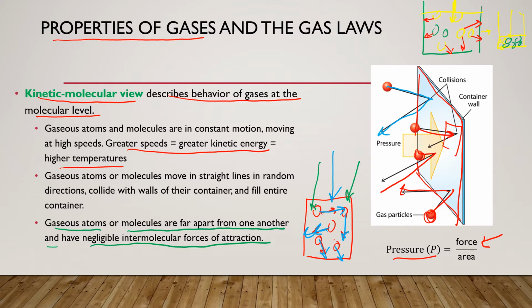So pressure is that force divided by area. Each molecular collision exerts an extremely small amount of force, but if we combine the effect of all those billions and billions of molecules, this force becomes quite considerable, and therefore gases may have a considerable amount of pressure within a container.